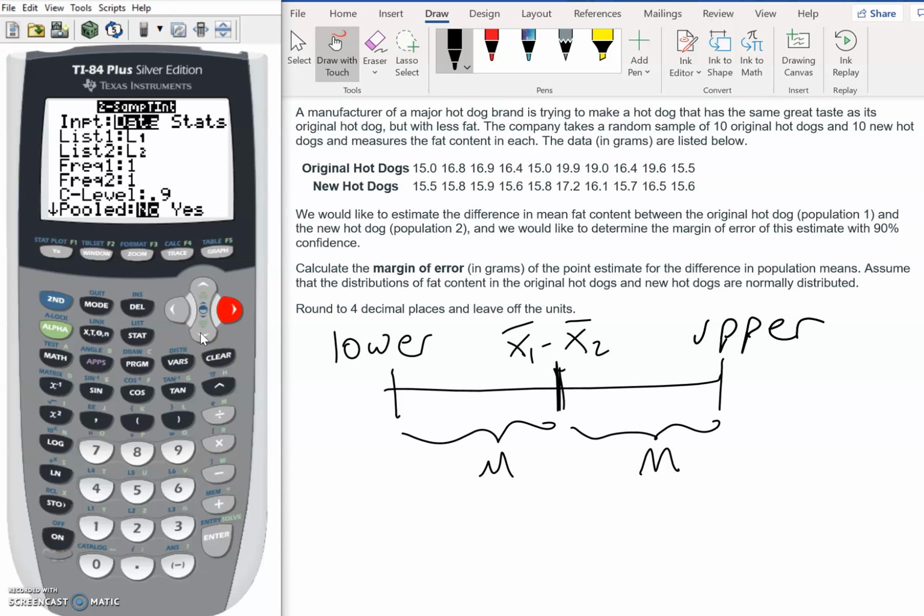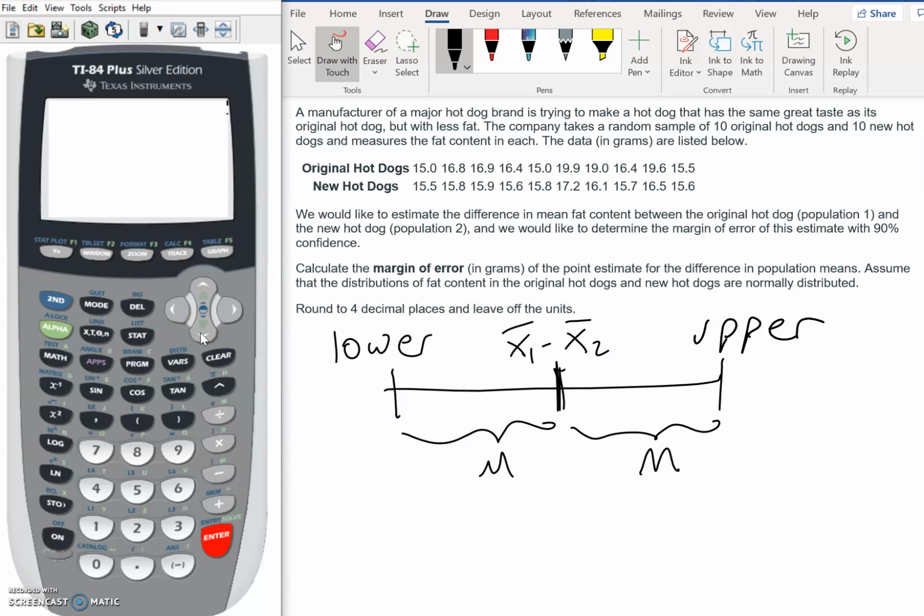In this particular case, we want 90% confidence, so 0.9. You may have had one of the other versions of this, so maybe you were looking at 95% confidence. So adjust this as you need to. That's maybe also a good note: if you got some of your questions wrong and you were working with someone, that's because I'm randomizing these questions. So keep that in mind. All right, pooled, we usually say no, these are not pooled. And then let's calculate this thing.